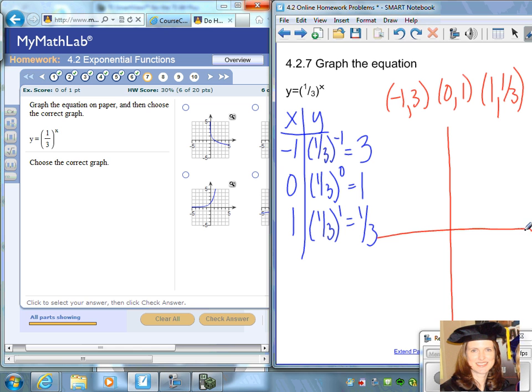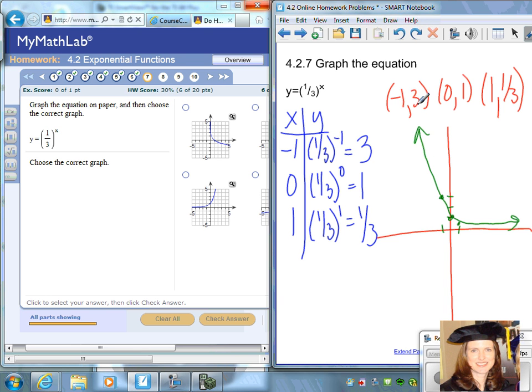Plot those: -1, 3, 0, 1, and 1, 1/3. The graph should decay exponentially.